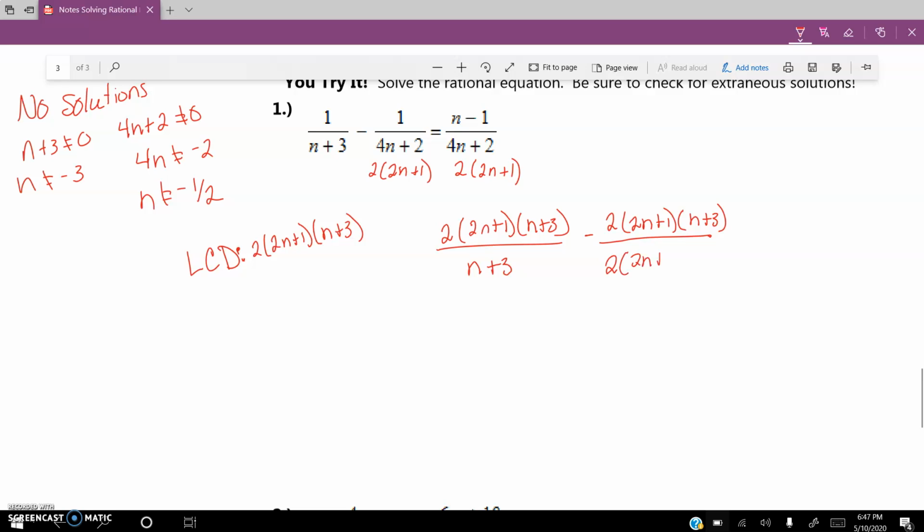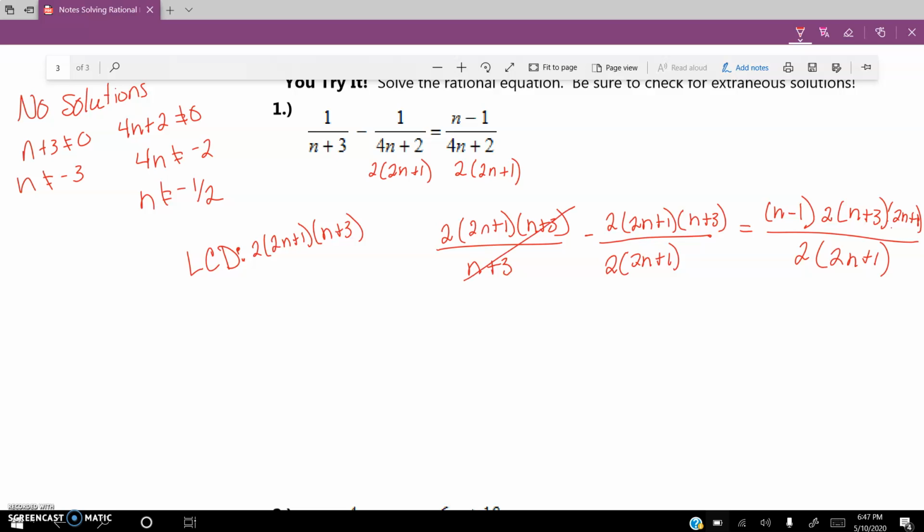2 times 2n plus 1 is equal to n minus 1 times 2 times n plus 3, and we also need a 2n plus 1, running out of space. All right, we simplify.